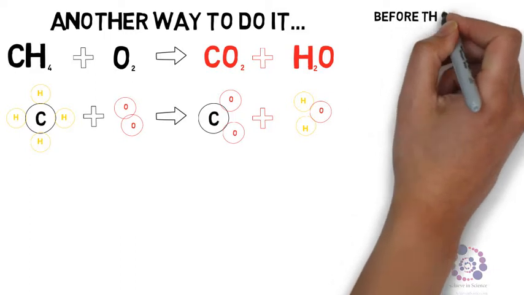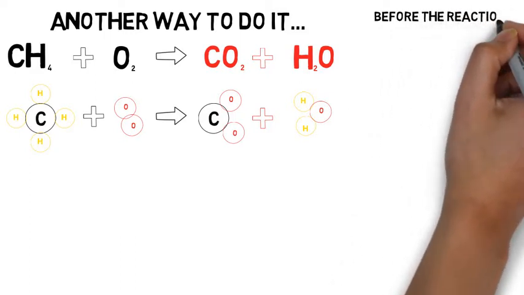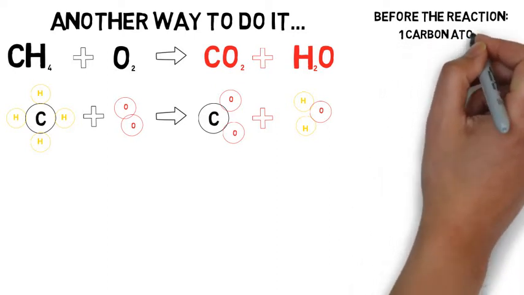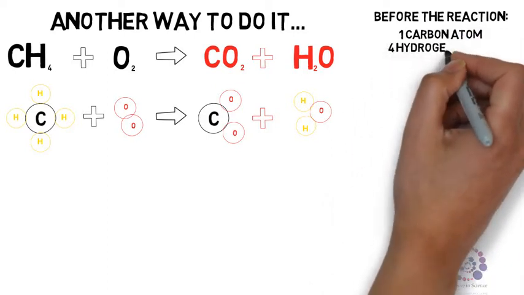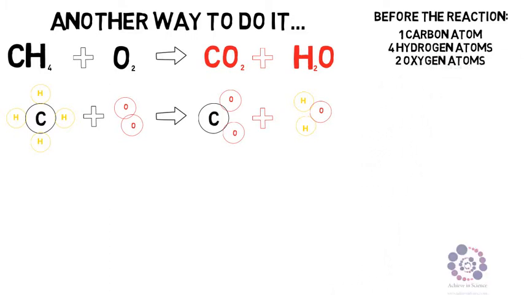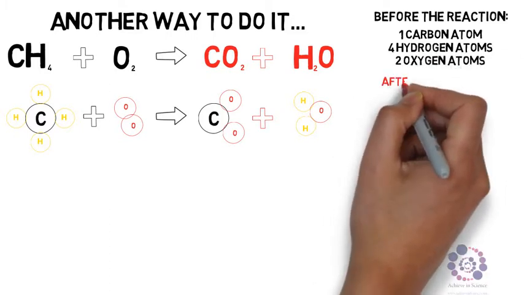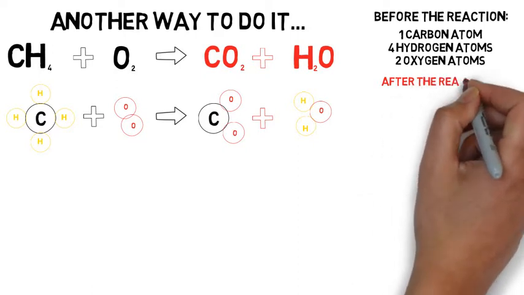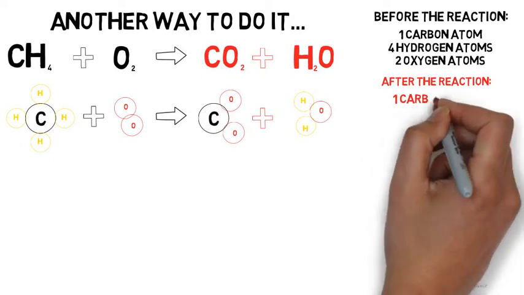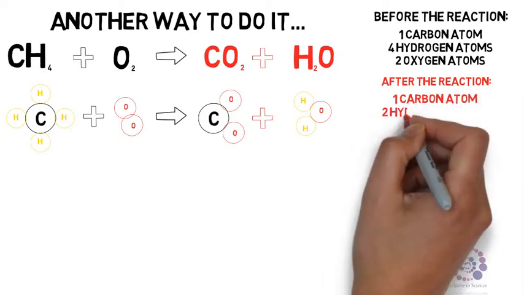Now when we look at this, we can then work out what we've got. So 1 carbon atom before, 4 hydrogen atoms before, 2 oxygen atoms before. We can look at the products. So this creates 2 products, carbon dioxide and water, and in that it is made up of 1 carbon atom, 2 hydrogen atoms and 3 oxygen atoms.